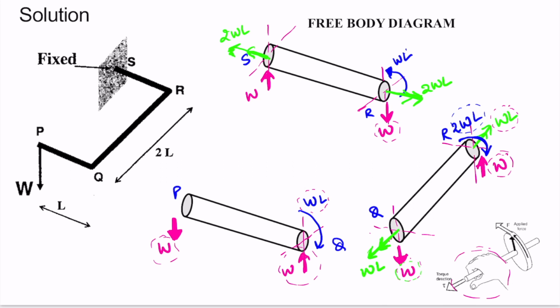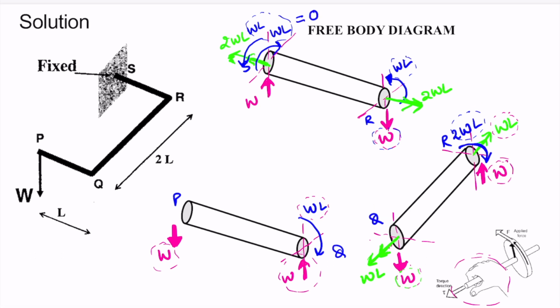Moreover, there is a bending moment WL, so we will have a bending moment in this direction, WL. Also, due to this load W, we will have another bending moment which will be opposite to the previous bending moment. Hence, these two bending moments together will cancel out each other and there will be no bending moment at this point. Now we are done with the free body diagram.